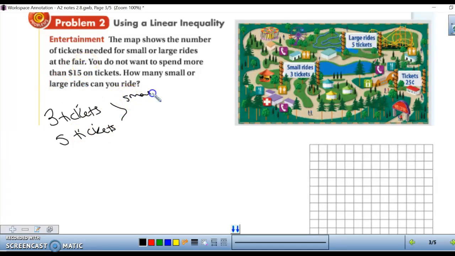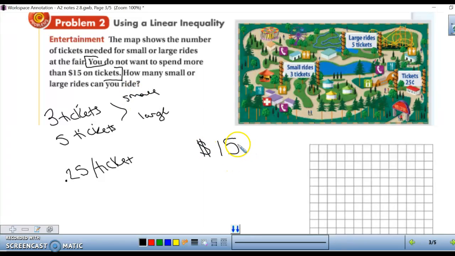So this one's small, this one's large. Each ticket costs 25 cents. And they tell you that you don't want to spend more than $15 on a ticket. So you only have $15 in your pocket. So we have $15. How many tickets can we get with $15?